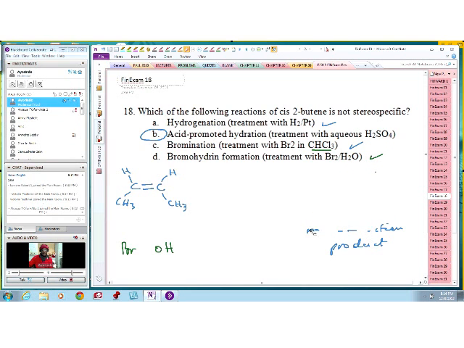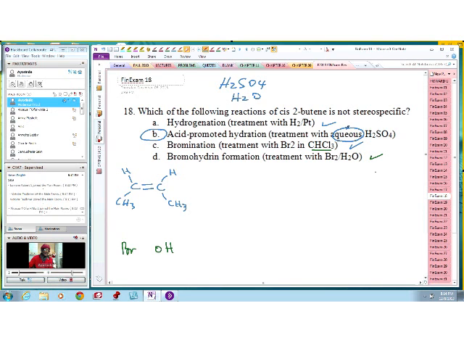Anytime you have a carbon-carbon double bond and you have dilute sulfuric acid, which is generally H2SO4, in water, and that is why they call this aqueous. In other words, you have sulfuric acid in water.